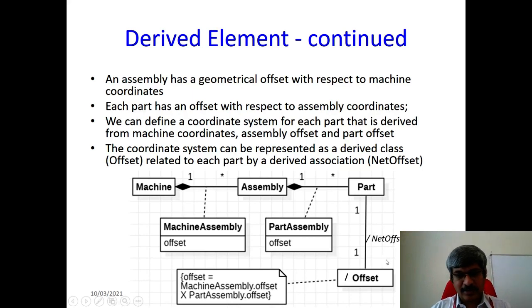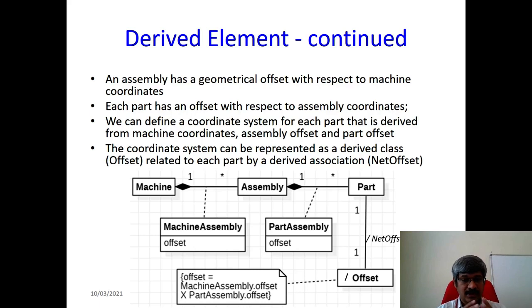As I already mentioned, the required constraint should also be mentioned. The constraint for this offset is: offset equals machine assembly dot offset multiplied by part assembly dot offset. For example, if the assembly shifts slightly and within the assembly the parts shift slightly, the offset will be the multiplication of the offset of the part with the offset of the assembly with respect to the machine.